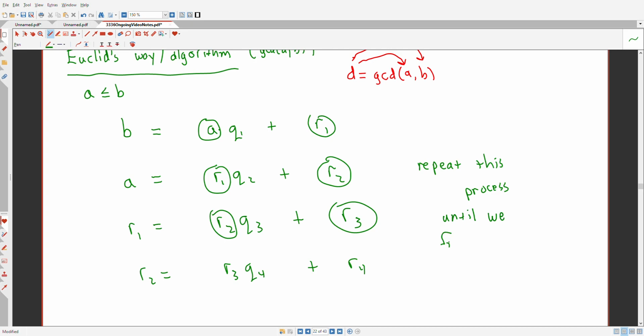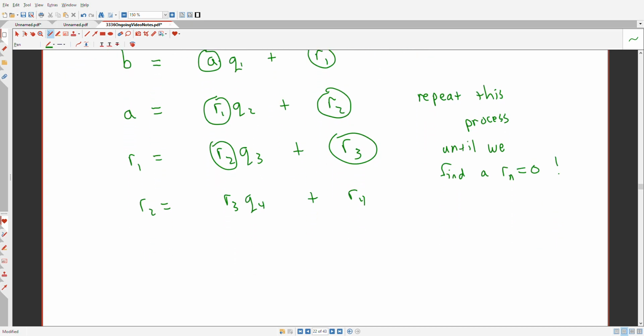Until we find a remainder, I'll just call it r sub n, that's 0. So this process will continue for a long time, but eventually we'll get to rn equals 0. And once we hit this step, then we will have the GCD.